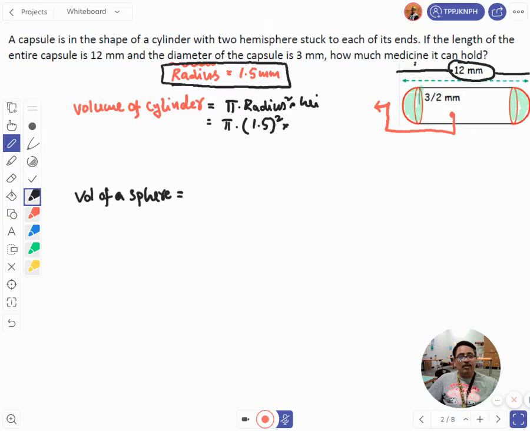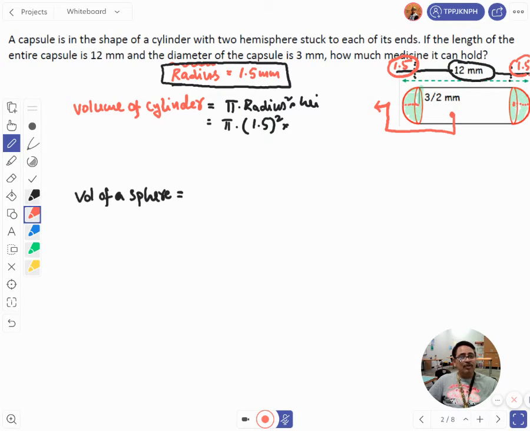Now if you want the height of the cylinder, I have to cut 1.5 here and 1.5 here so that I'll be left with the remaining part. This is not a part of the cylinder, therefore 1.5 is to be removed because the radius is 1.5, right? The other end, another 1.5 is to be removed.